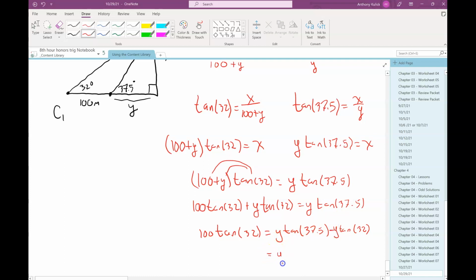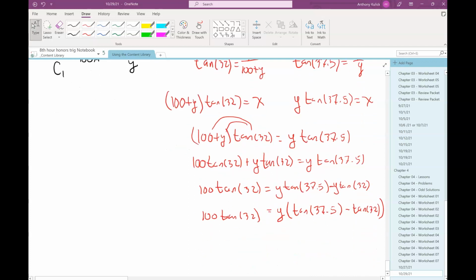And I can factor a y out of that to get the y in just one place. And then divide both sides by tan 37.5 minus tan 32.